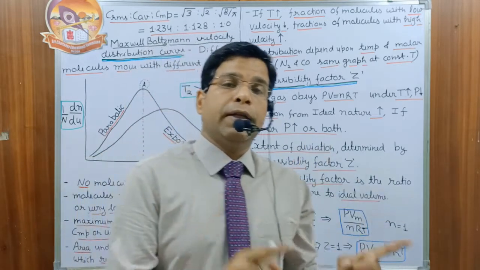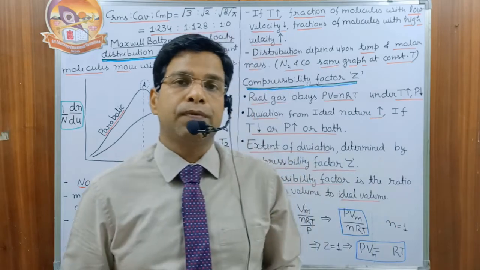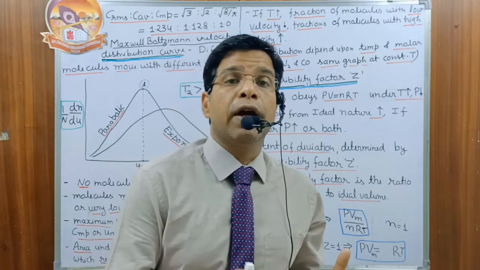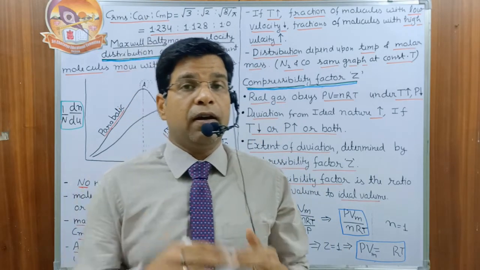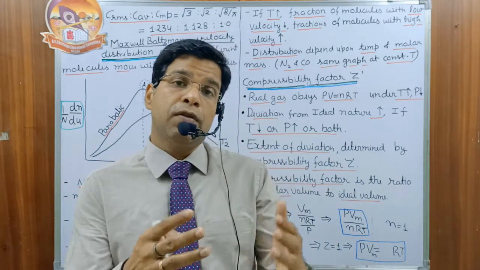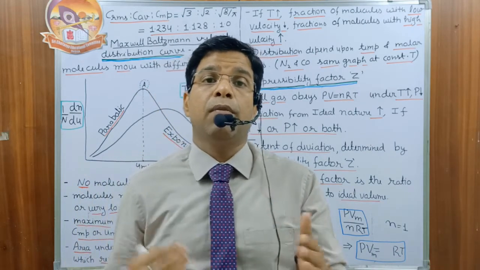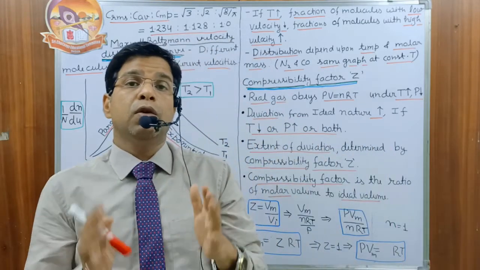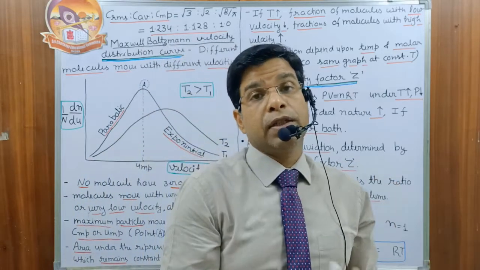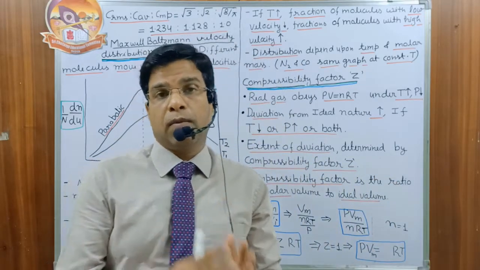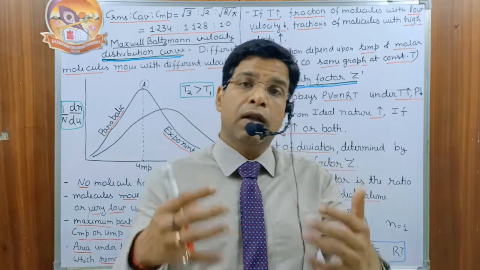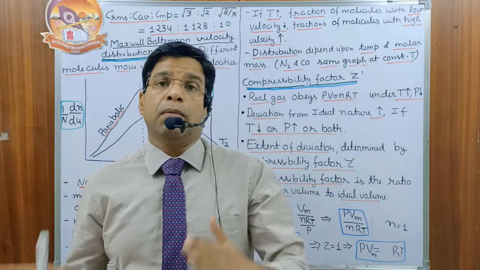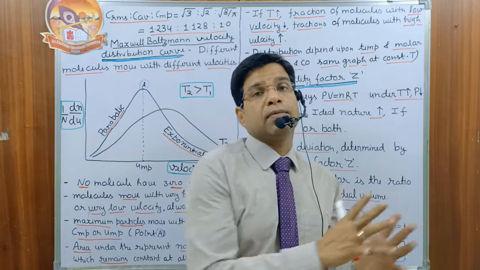Kinetic energy only depends upon the temperature, so average kinetic energy is constant, but molecules collide with each other very frequently, and after each collision they change their velocity, because whenever molecules collide, one molecule gains energy and the second loses energy. So the molecule which now has more kinetic energy moves with higher velocity, and the one with less moves with lower velocity. Before the collision the velocity was something else, but after the collision the new velocity is something else.